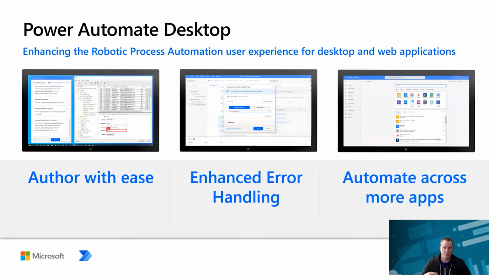It is not a full replacement for Power Automate, the online service. More so, it's there to handle those desktop automation needs. We have an authoring experience where you can use these recorders, and you can also use these actions, which are essentially pre-built functionality or functions that you can use as part of your automation. That could be opening a file, saving a file, copying a file, things like that. Naturally, as you would expect, we do have support for error handling.